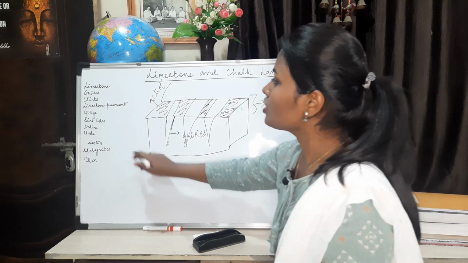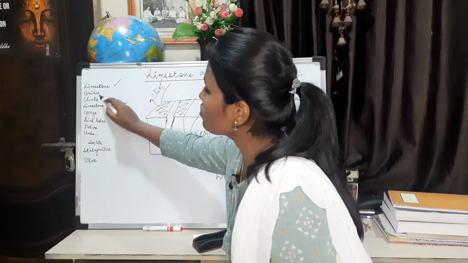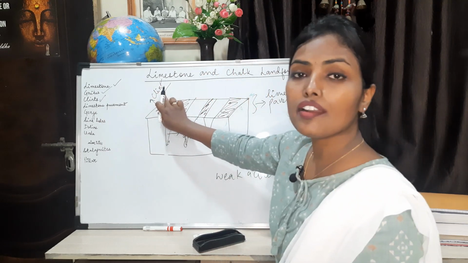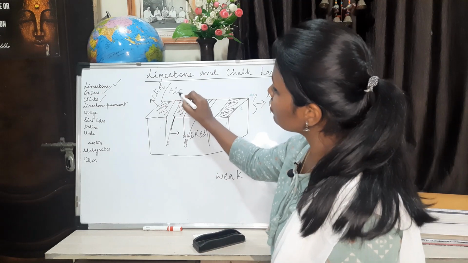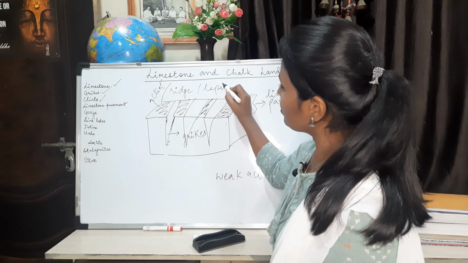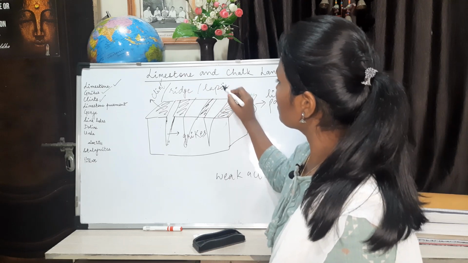This is what we have covered here. We have done limestone, grikes and clints. Clints are also called ridges or lappies. This is the other word for clints.